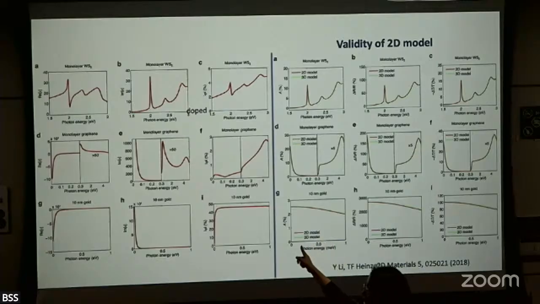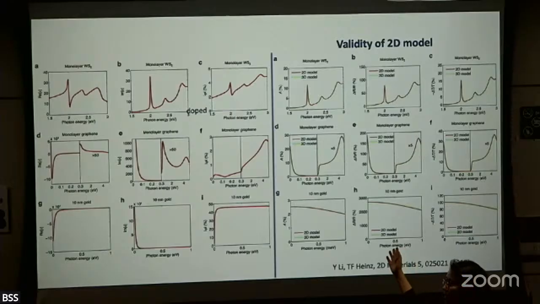So according to this, for monolayer molybdenum sulfide, this 2D simplification is okay, right? And this is what you see on the right. The red is for the simplified 2D model, and the green is for the complete 3D model. And you don't see any difference.